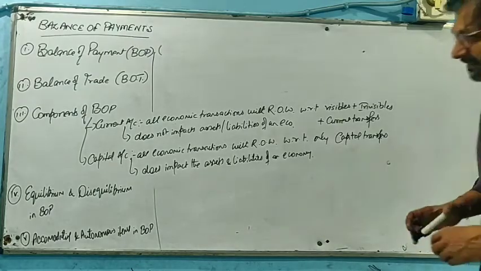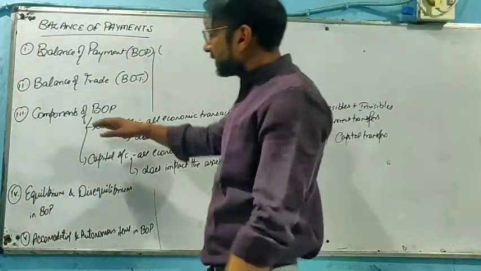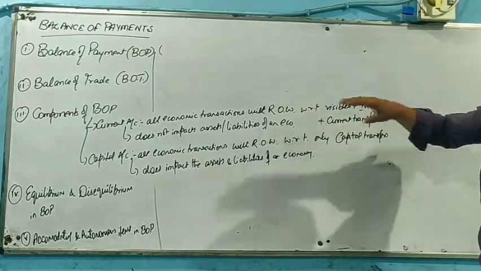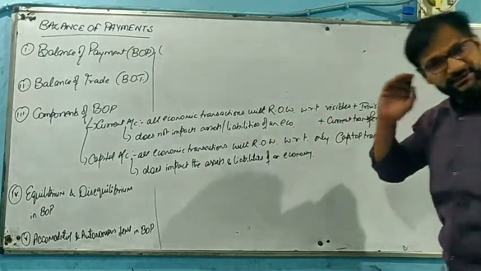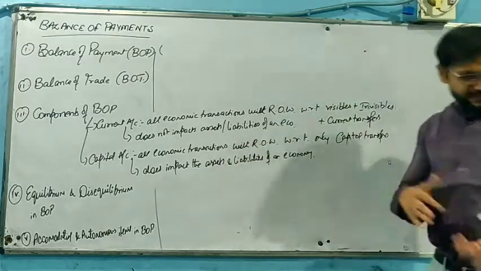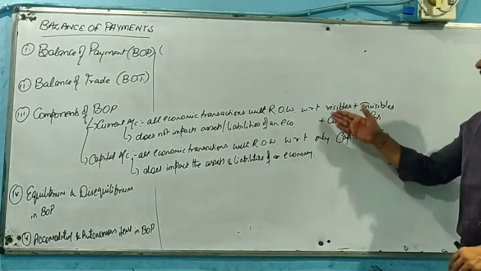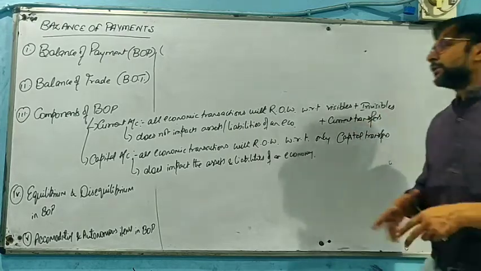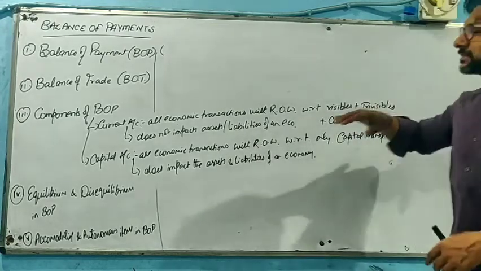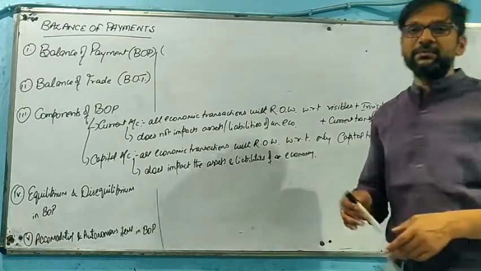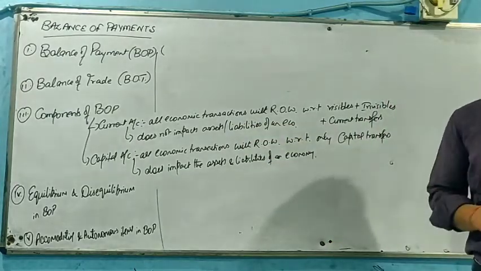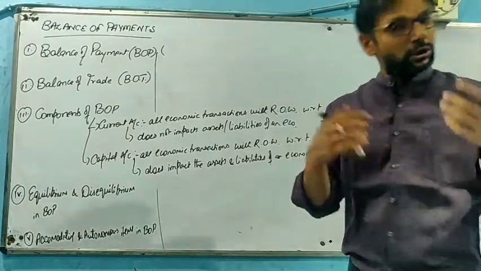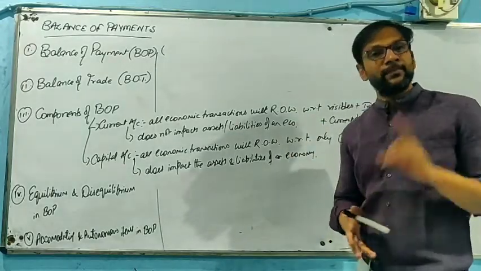In current account, all the transactions with respect to receipts and payments of visible items and invisible items, as well as current transfers, are included, and we just need to see that they do not impact any assets and liabilities. They neither create any asset nor reduce any asset, and they neither create any liability nor reduce any liability.